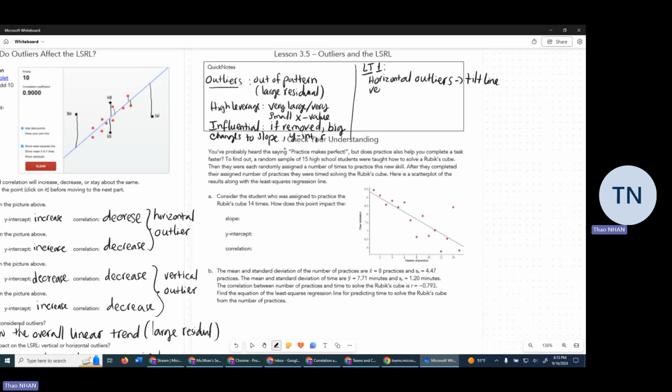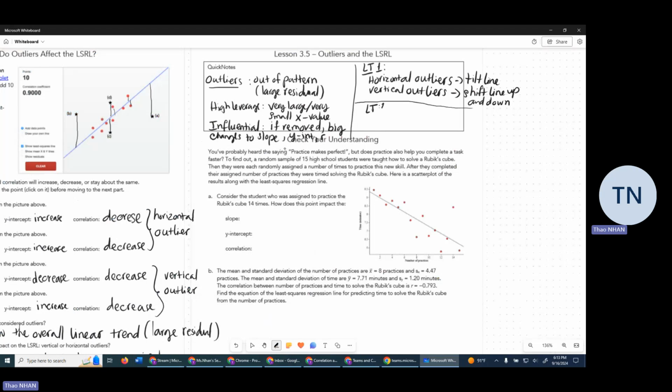We have the vertical outliers. These guys shift the line just up and down.